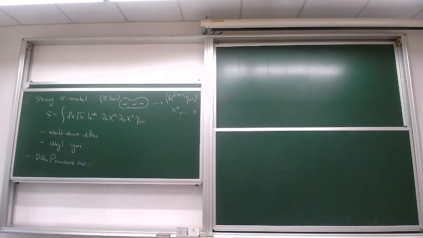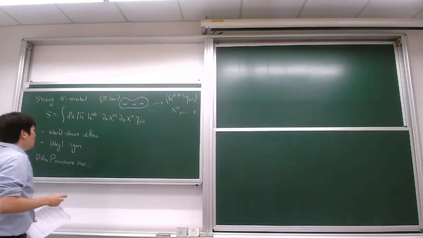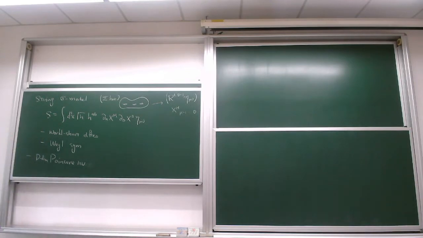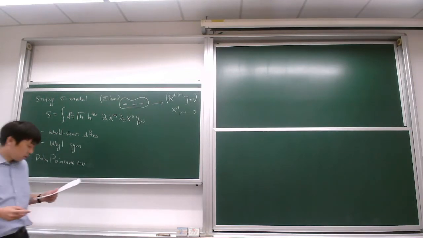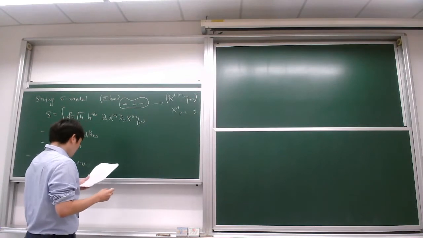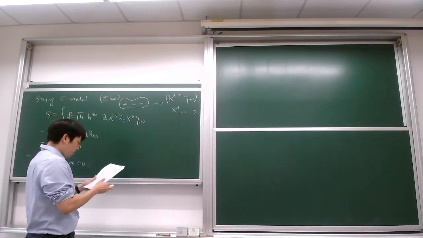Okay. So we consider this action, and it has three symmetries: worldsheet diffeomorphism, Weyl symmetry, and the D-dimensional Poincare invariance. That's what we have learned last time.